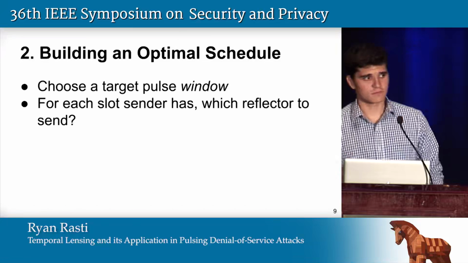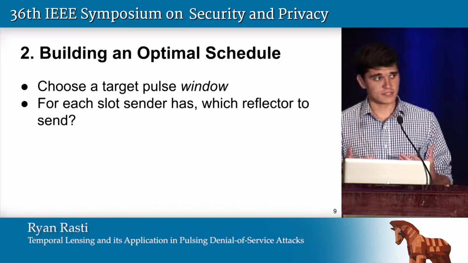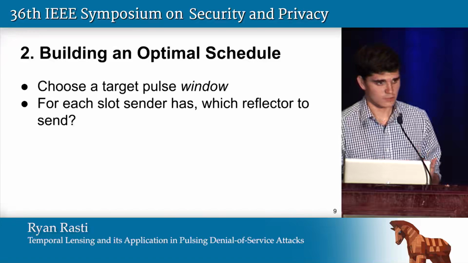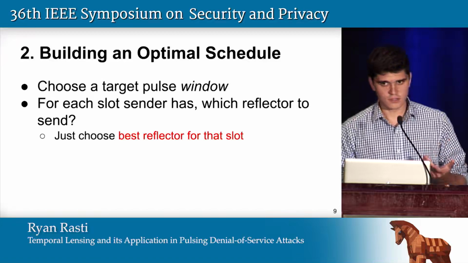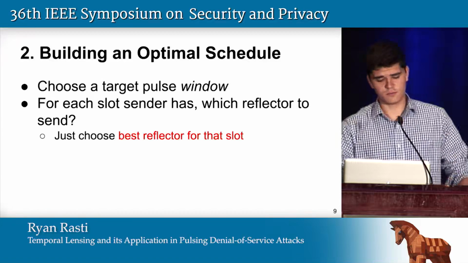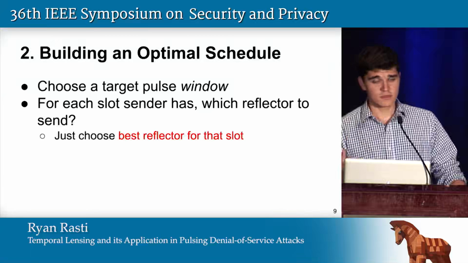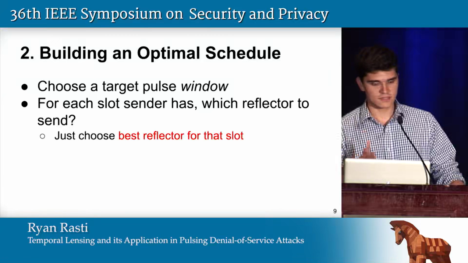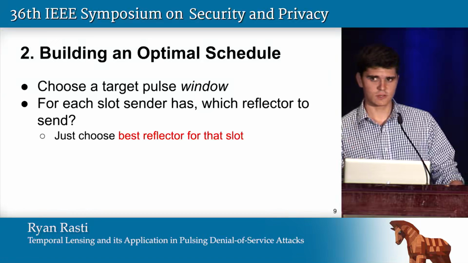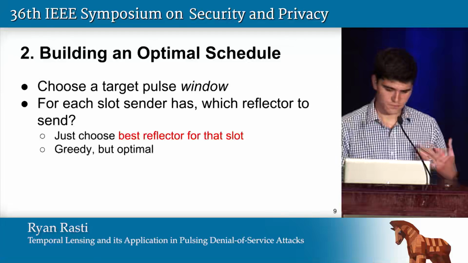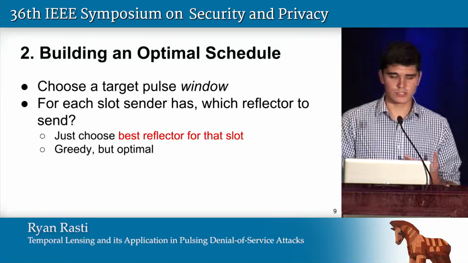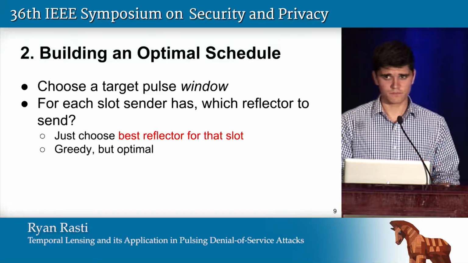Then for each slot that the attacker has to send, which reflector should the attacker choose? It turns out that the greedy answer is the right answer: choose the reflector that, if we send at this given time, has the highest probability of bouncing that packet into the pulse window. This is greedy, but we show in the paper that it is in fact optimal.